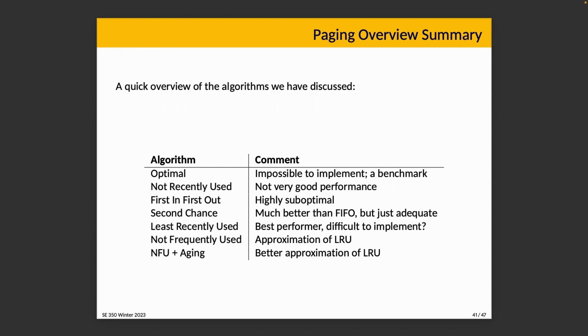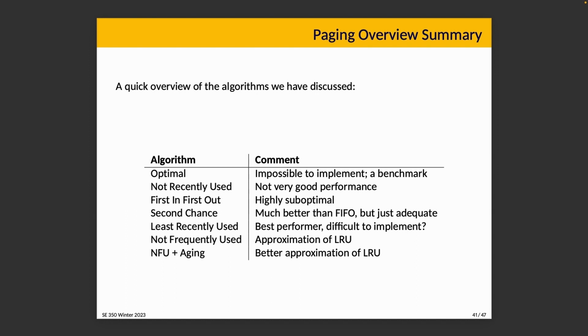But if you wanted to think about how we would do it, the algorithms are sort of broken down into comments. This is quite high level and it skips over a lot of the nuance. But it's going to tell us something interesting about which ones we would like to use. Optimal algorithm, as I said, is impossible to implement, but it makes for a benchmark. Not recently used is not very good performance.